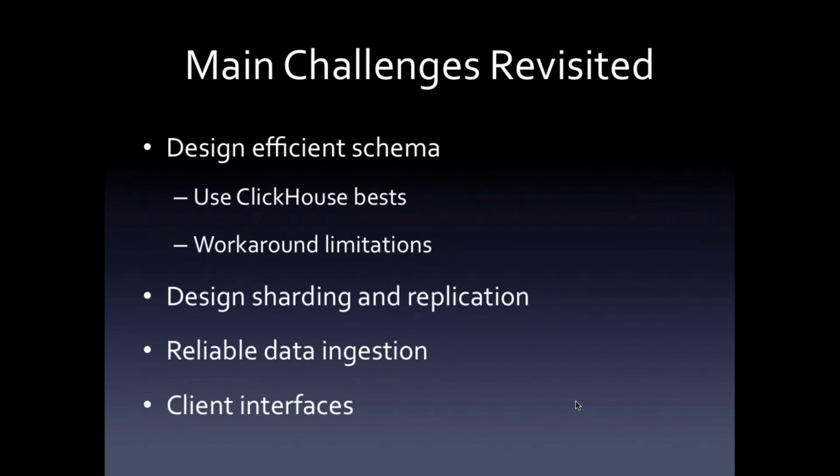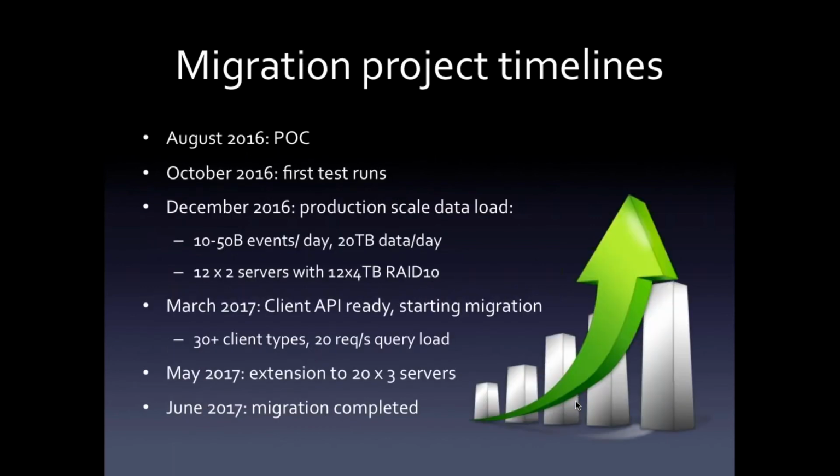So let's revisit our main challenges. We had to design an efficient schema, sharding, replication, reliable data ingestion, and client interfaces, and it all took a while. We started the project in August 2016 as a proof of concept, and in October 2016 we already had first test runs of data loaded to the ClickHouse system.